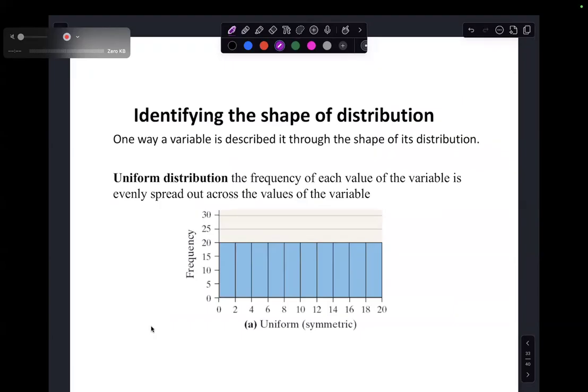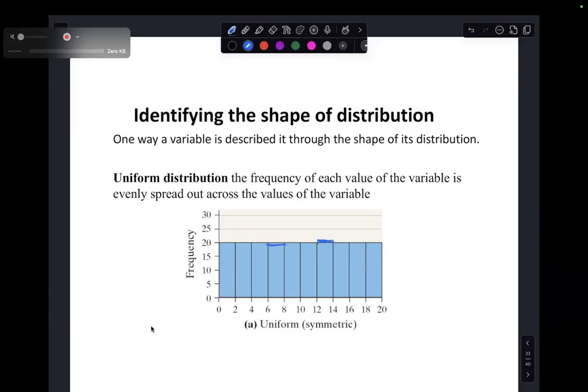So a uniform distribution basically looks like a rectangle. All of the frequency of all of my data is pretty evenly spread out. It's not always exactly flat. I might have one that's slightly more, and maybe this one over here is slightly down.